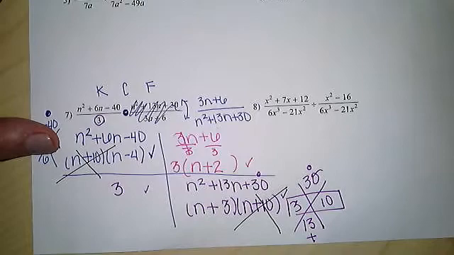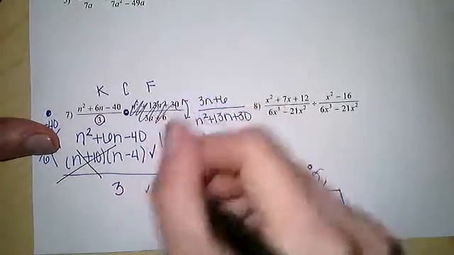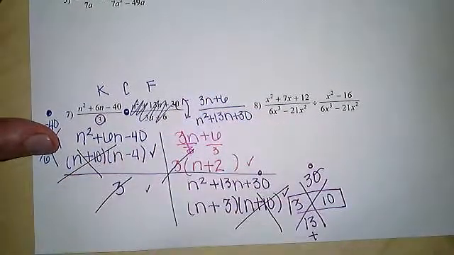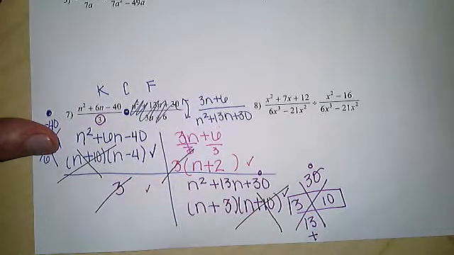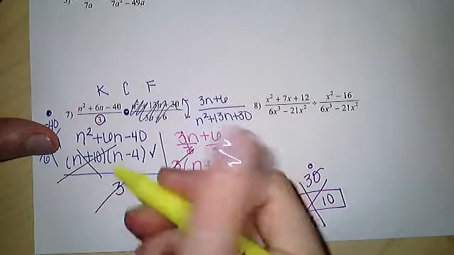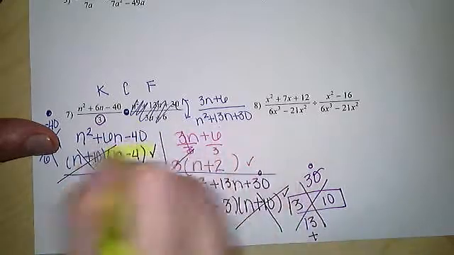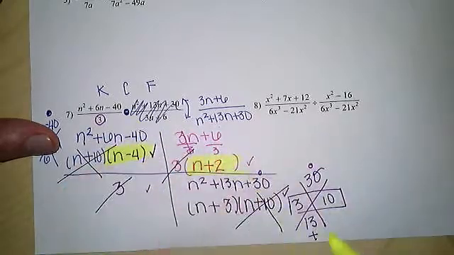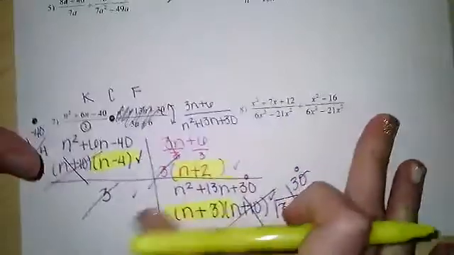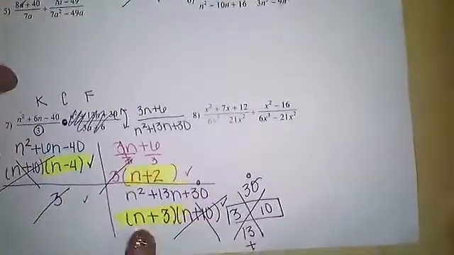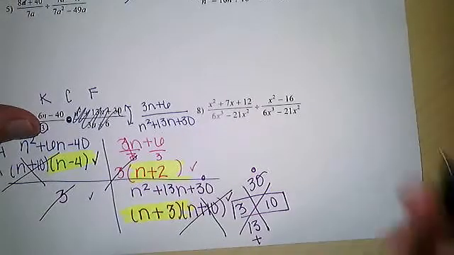Oh, I see one more thing that can cancel, our 3 and our 3. So whatever's left over on the top, and it may even help if you highlight it, you're going to put it together on the top of your final answer, and whatever's left over on the bottom, you're going to put it on the bottom.